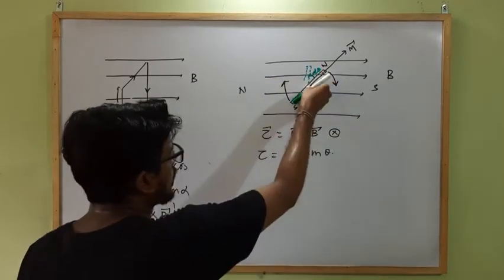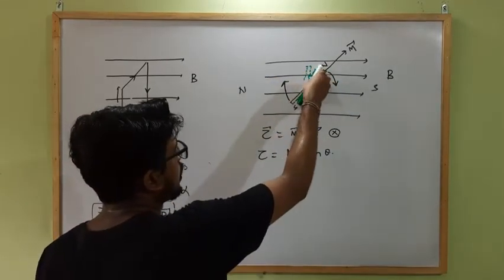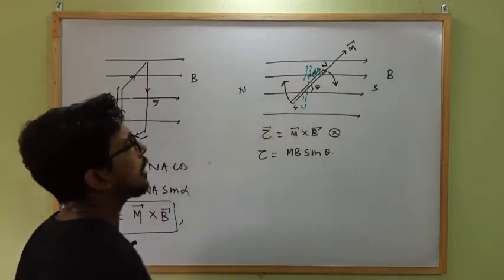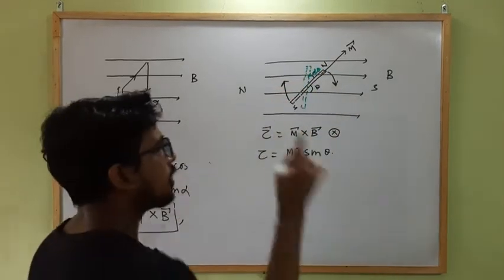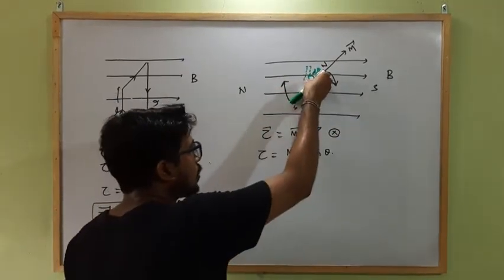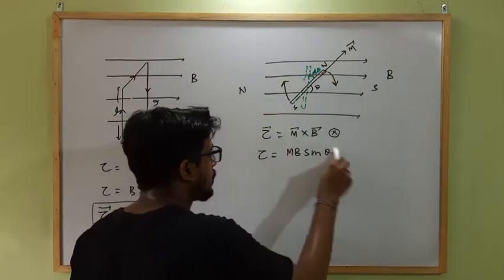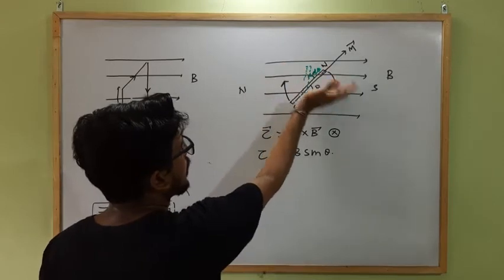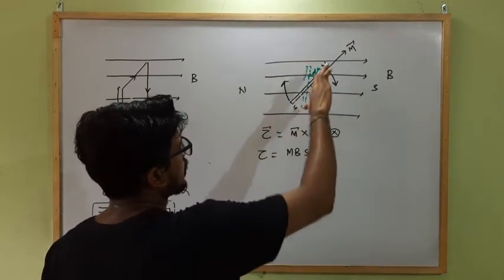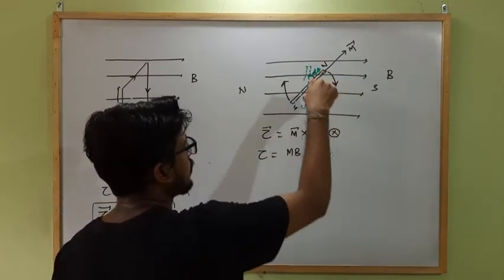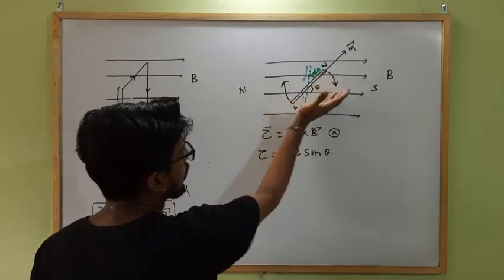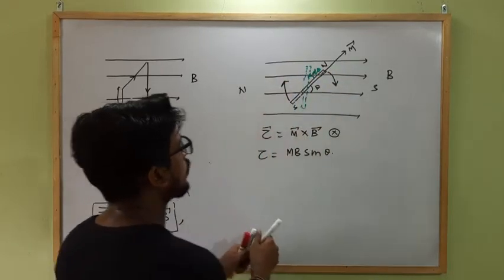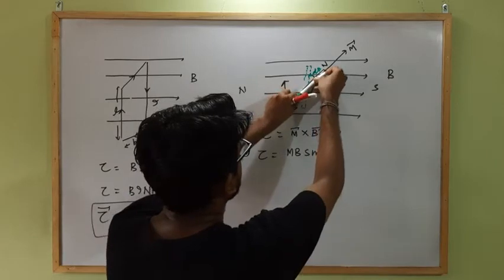But I want to rotate the dipole in the anti-clockwise direction by a small angular displacement d theta. That's why I have to apply an external torque with the same magnitude, but in the opposite direction. Here the torque is in the clockwise direction, which is inward. I want to apply a torque in the anti-clockwise direction, which will be outward.